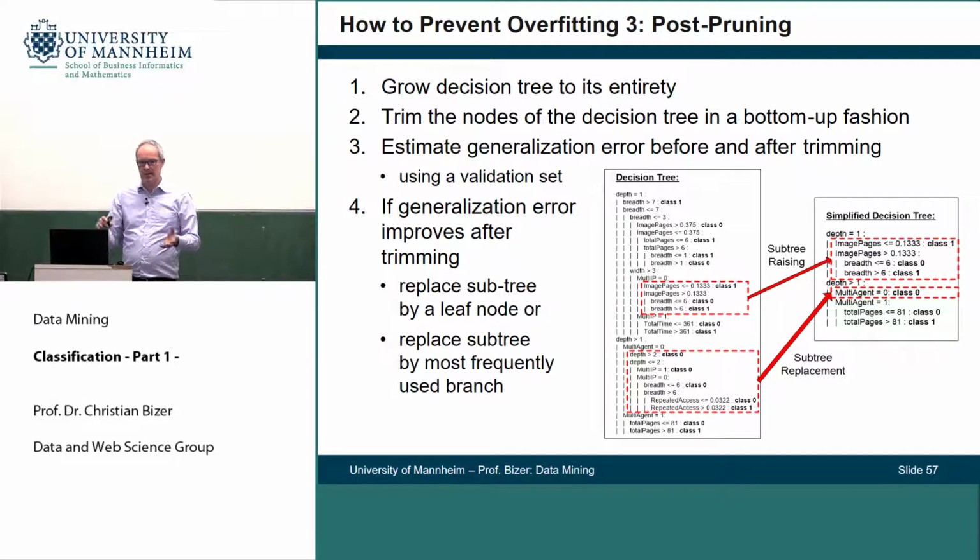So if, let's say, 25 examples go into the subtree, 20 examples end up in one branch, 2 in the other branch, 3 in the third branch, we basically remove the 2 branches where there aren't that many examples and just keep the one big one, because we think that this one generalizes better. That's post-pruning.